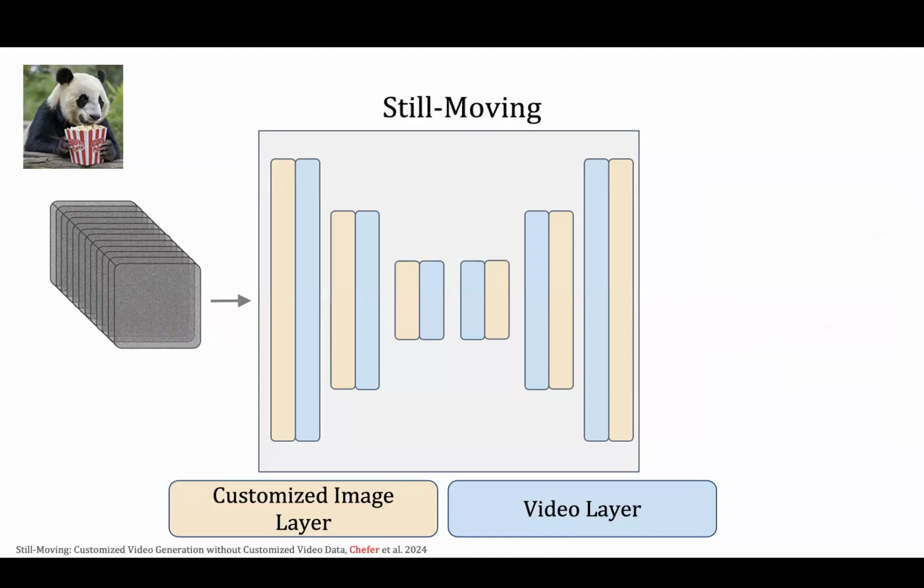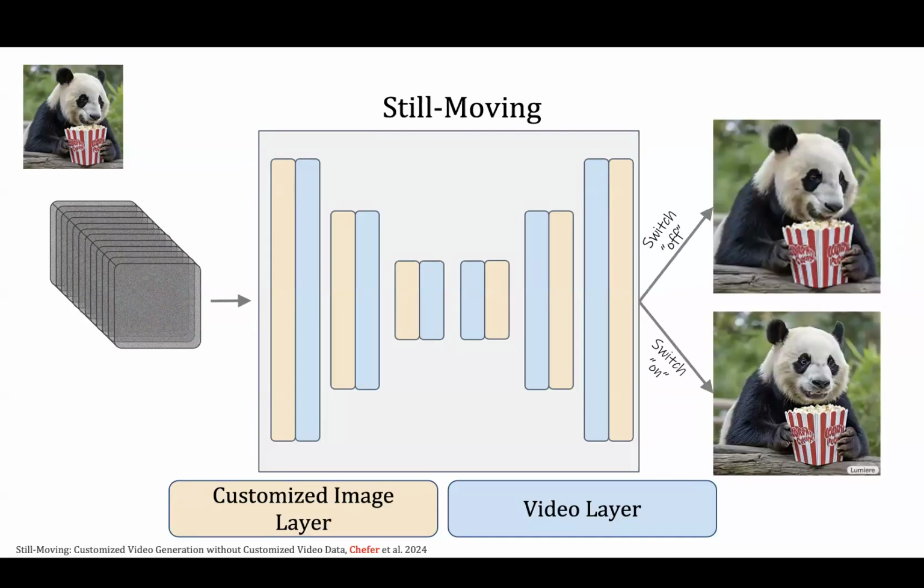Now I have a paper called Still Moving. We won't have the time to get into the details very much, unfortunately. But at a very high level, what we do in Still Moving is we're able to turn this video model into a dual mode model. This dual mode model can function as both an image model and a video model. And importantly, when it functions as an image model, it still passes through all the layers, including the temporal layers.